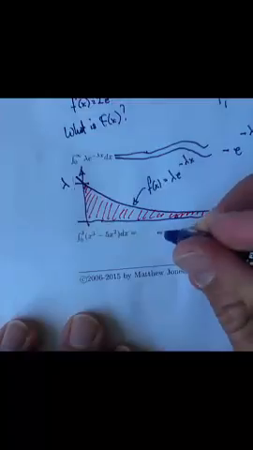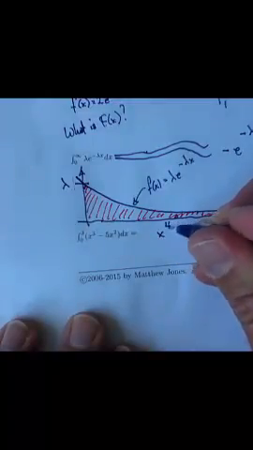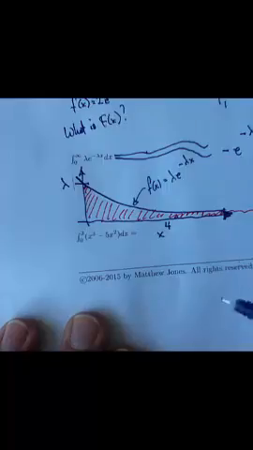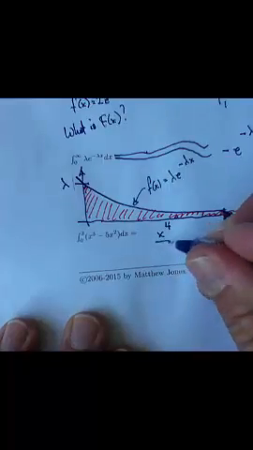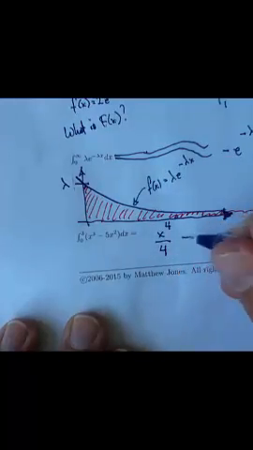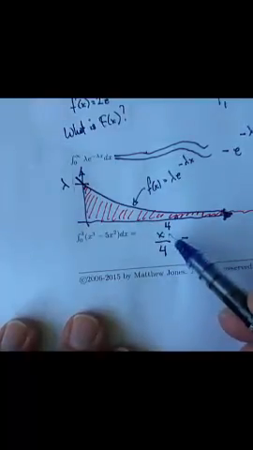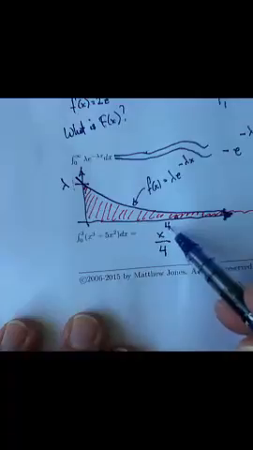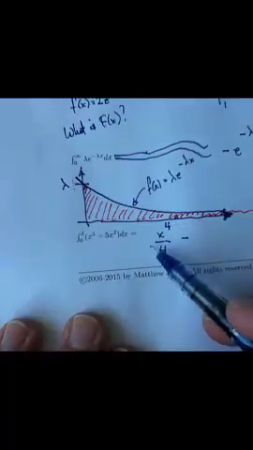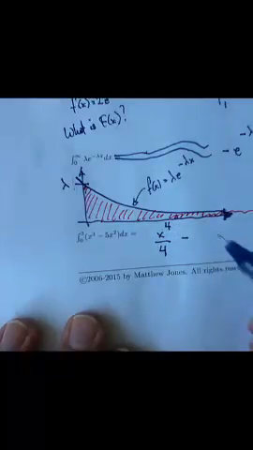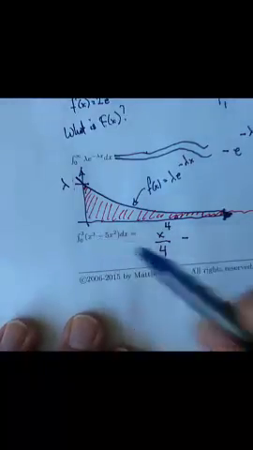I'm going to say this is x raised to the 4th. I'm going to raise that up to the 4th, and now I need to divide by 4. I can check this to get this term back. If I drop the exponent down to the side, it would cancel with the 4, and then I'd take a 1 off of the exponent and I'd get the 3 there.